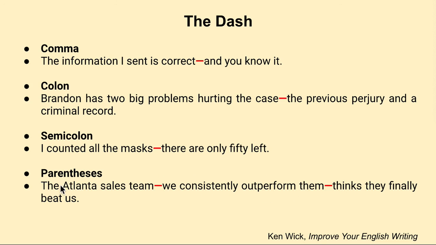But here you want to emphasize it, so you would separate it from the rest of the sentence with dashes: the Atlanta sales team, dash, we consistently outperform them, dash, thinks they finally beat us. So that's an emphatic substitute for parentheses.